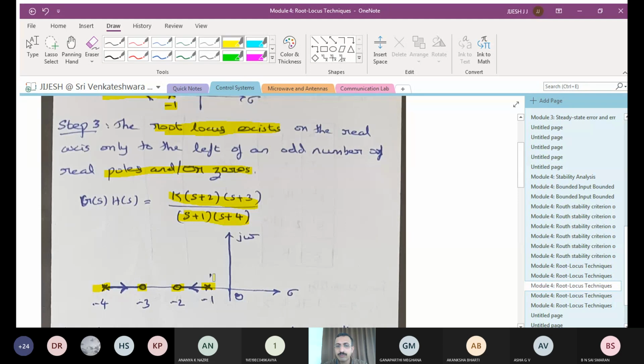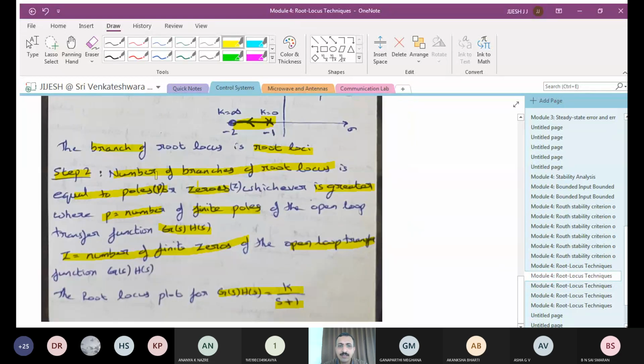What you have to understand here, in step 2, is that we find the number of poles and number of zeros. Here the number of poles is 2 and the number of zeros is also 2. What does step 2 talk about?